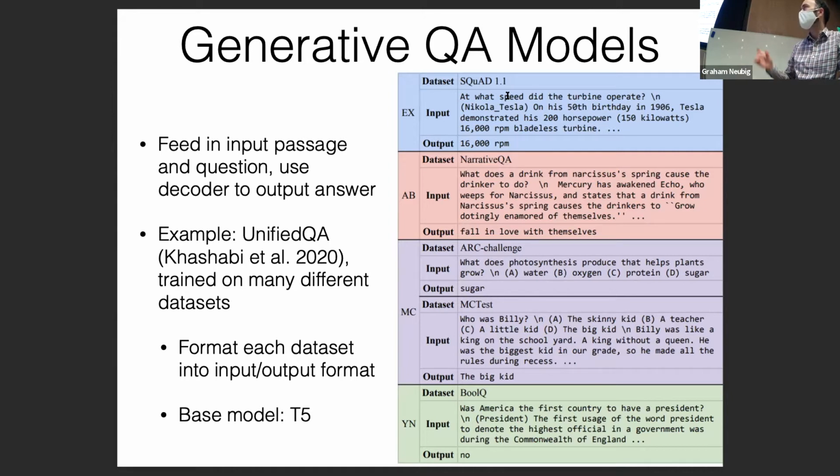But I don't actually remember what they did here. It might be the case that all of the passages are short enough. Another thing is, near the end of the class, we're going to be talking about long document transformer models or long document neural encoding models, and you could use those as well, and those scale to very long passages.